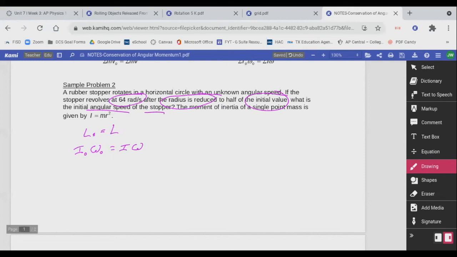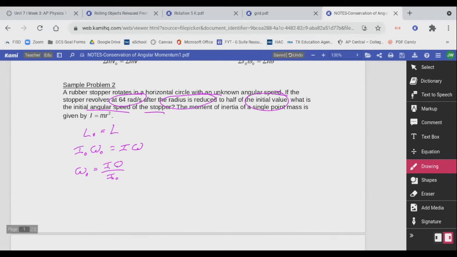I'm just saying the before is equal to the after. The initial is equal to the final. Now we're solving for our initial angular velocity, right? So I'm just going to divide it over and say omega naught is equal to I omega over I naught. Fair so far? Just rearranged to solve for the thing that we're looking for.